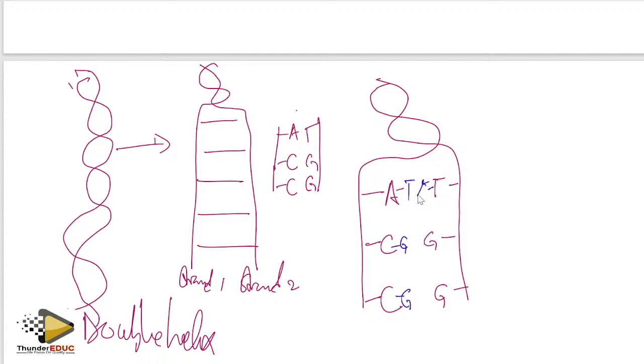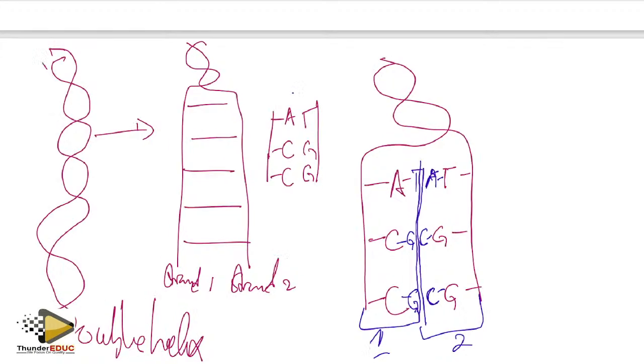A goes with T, C goes with G, and then C goes with G, and then G goes with C. So basically, this is now the new DNA from that side. So this forms DNA 1. And then this one is another DNA from that side. So this is DNA number 2.